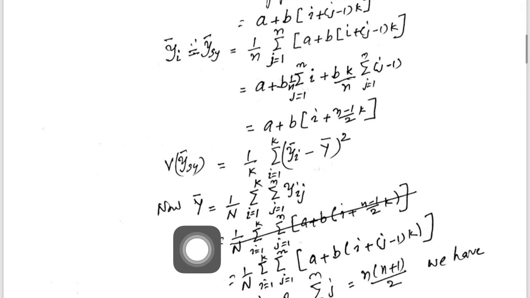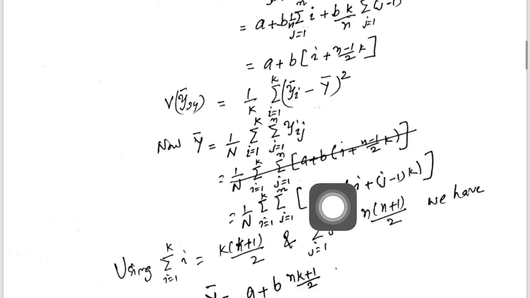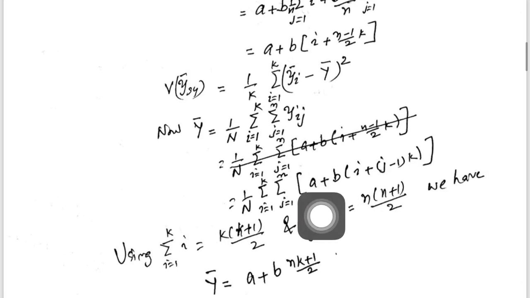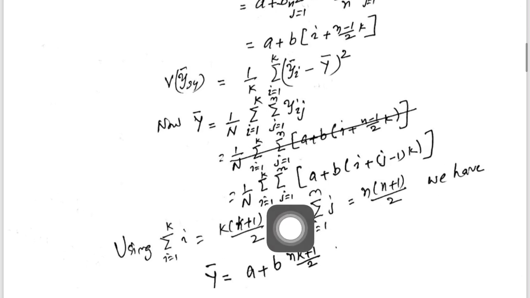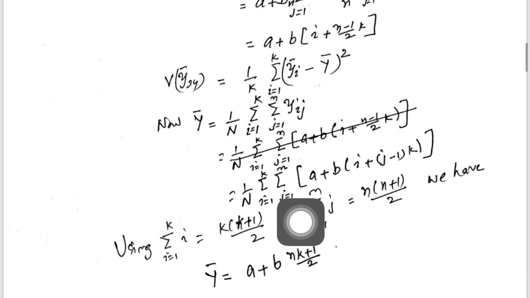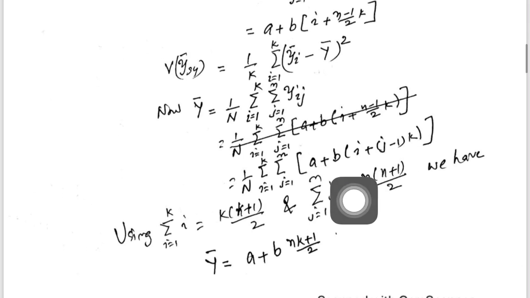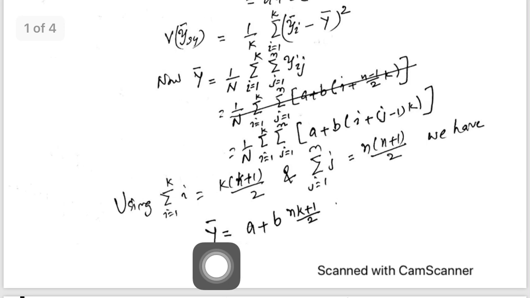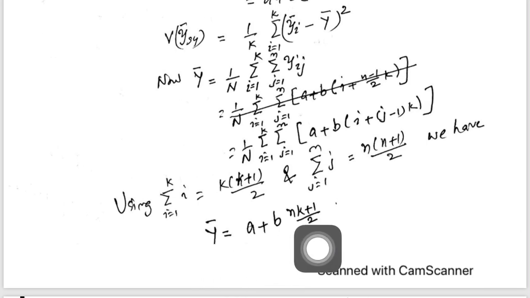Plainly, it is the overall population mean, 1/nk times the summation over i and the summation over j of y_ij, and since y_ij is a + b(i + (j-1)k), using these expressions you can directly show that Y bar is equal to a + b(nk+1)/2, right?